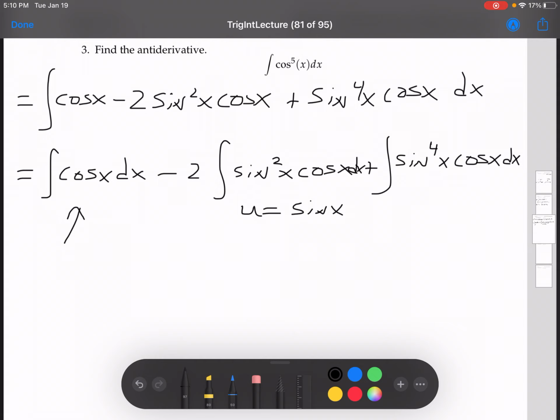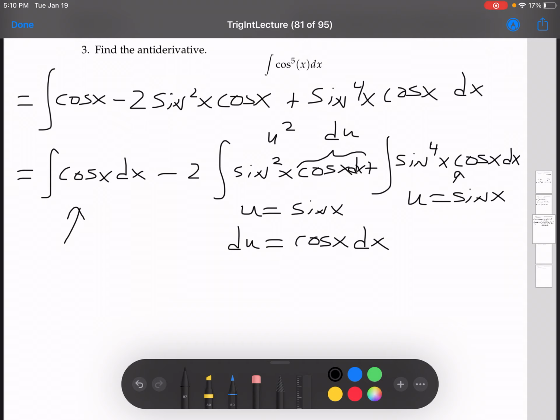Du, derivative of sine is cosine, so du will be cosine x dx. So this will be my du, and I'll have u squared there. And same thing, I can use this same substitution here with u equal sine x for this integral.